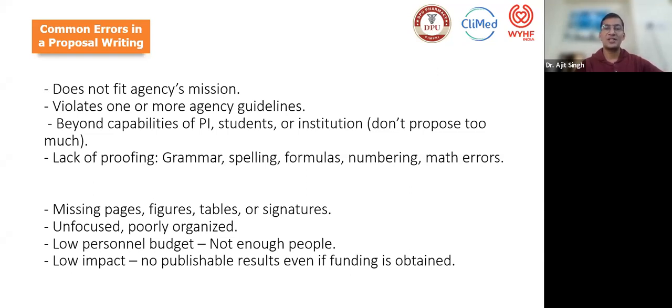People always think, okay, let's give it a try, but the try must be in the right direction. If you are in the right direction, then you must give it a try. But if it is not aligning with the agency's mission, please do not go for it. Otherwise you are just wasting everyone's time and your efforts also.